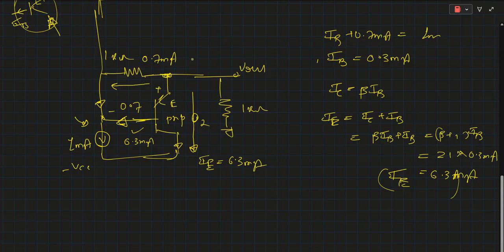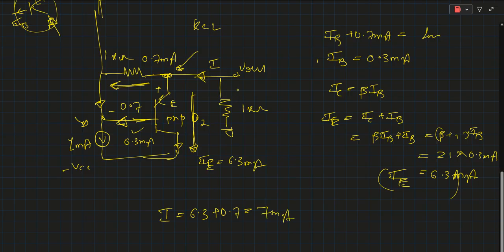Now if we apply KCL at this node, 0.7 milliampere current is flowing in this direction, and 6.3 milliampere current is flowing in this direction, and the combination of these currents flows in this direction. So if we denote this current I, it is 6.3 plus 0.7, which gives 7 milliampere.